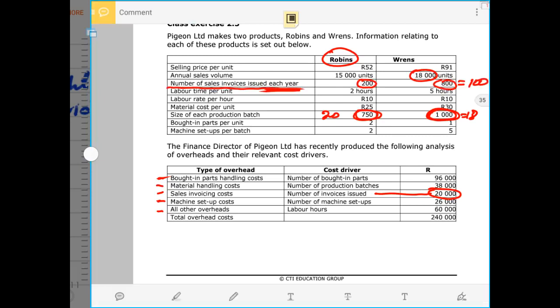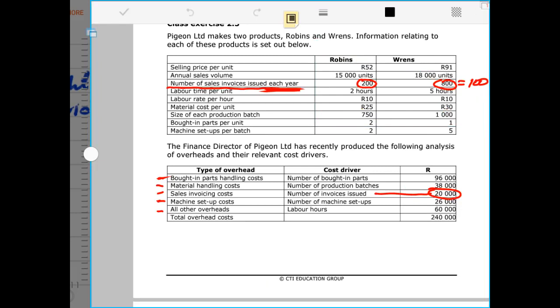And let me just do now other things that I'm seeing now. And we said here, we said 15,000 divided by 750, that gave us 20, and we said 18,000 divided by 1000, that gave us 18, and the total was 38.